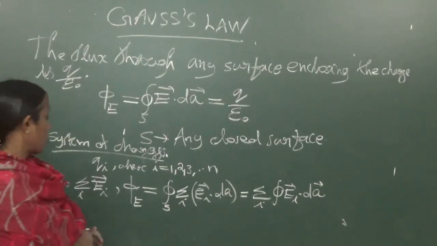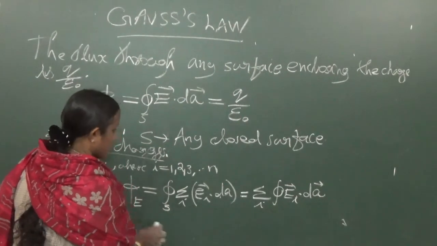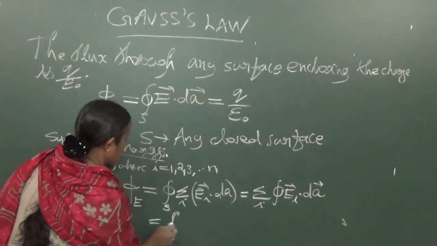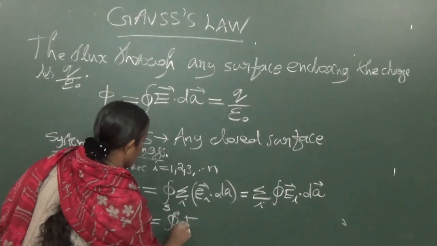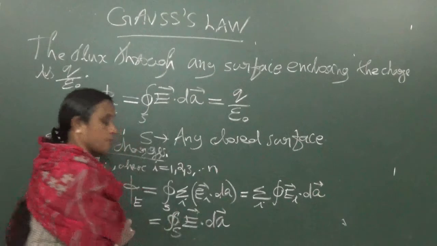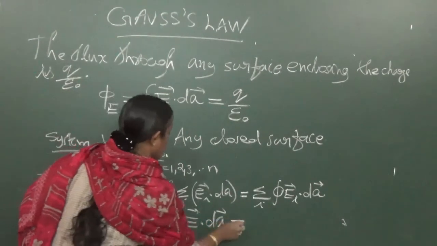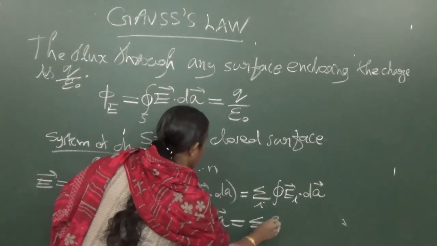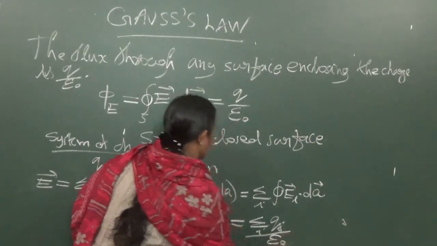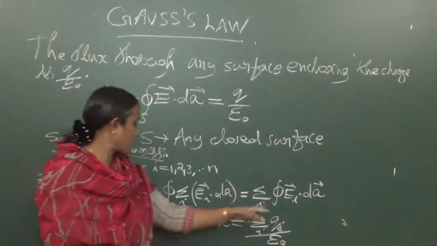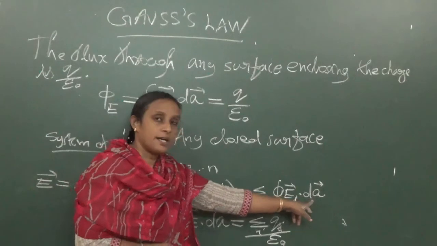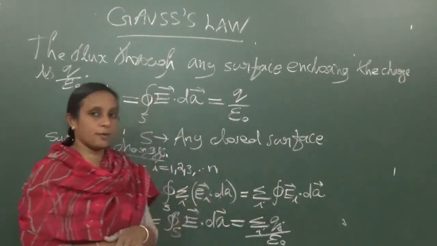Now you can write this as the surface integral of E dot dA, which is equal to sigma i Qi by epsilon 0, because Ei dot dA is replaced by Qi by epsilon 0.